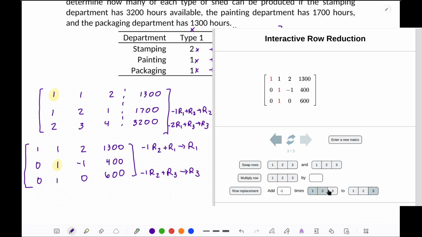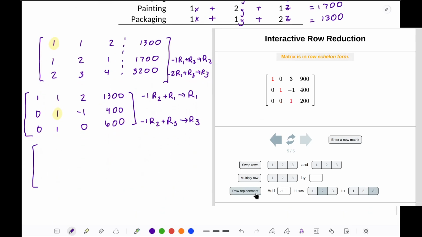Negative 1, 2, 1, replace. Negative 1, 2, 3, replace. It's almost like I picked the numbers carefully so we wouldn't have to do any multiplication.